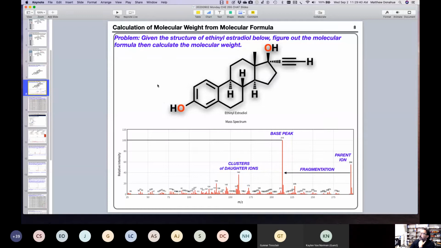So here is a piece of data from a mass spectrometer. So let's point out the hydrogens. There's 1, 2, 3, 4, 5, 6, 7, 8, 9, 10, 11, 12, 13, 14, 15, 16, 17, 18, 19, 20, 21, 22, 23, 24.